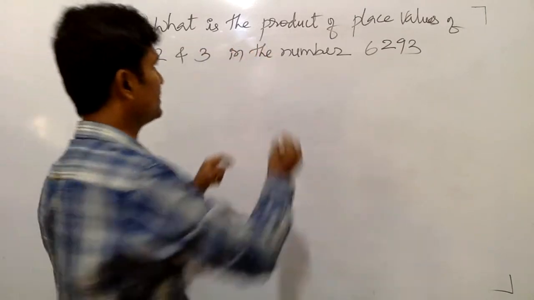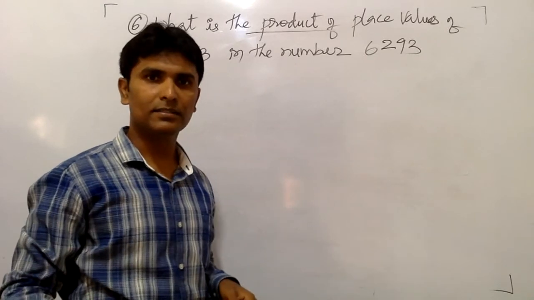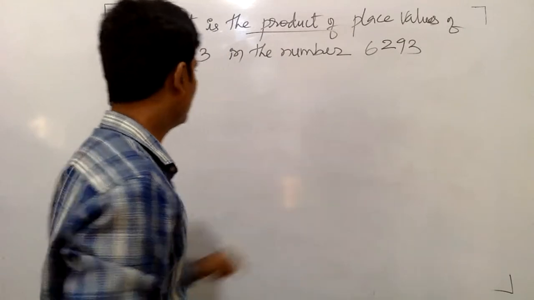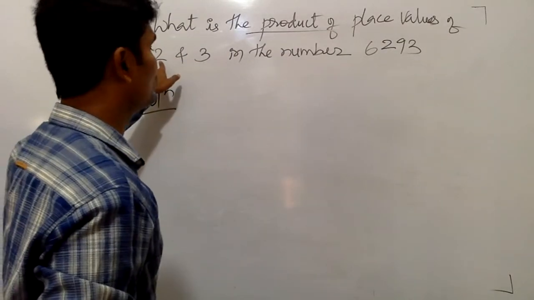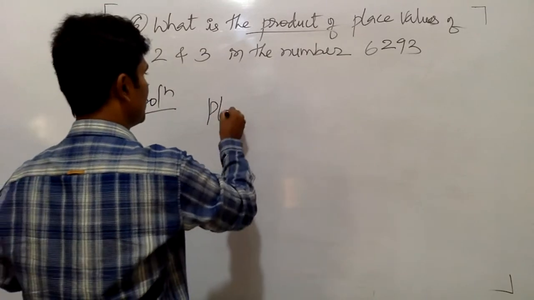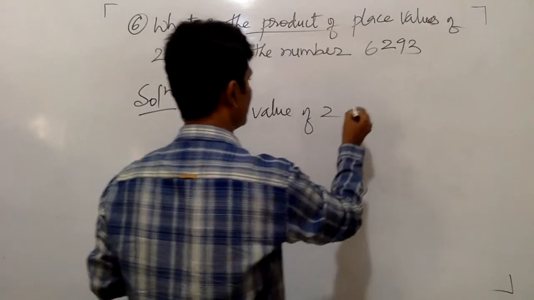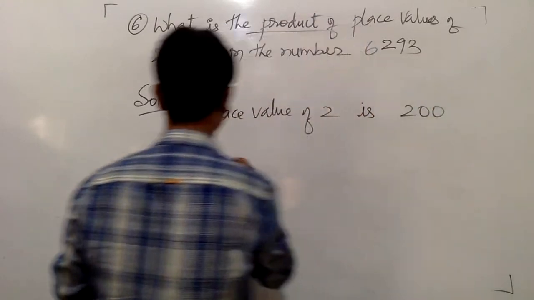What is the product? First they asked sum, then they asked the difference. Now they are asking a product of the place values. Okay, as usual, place value of 2 is 200.